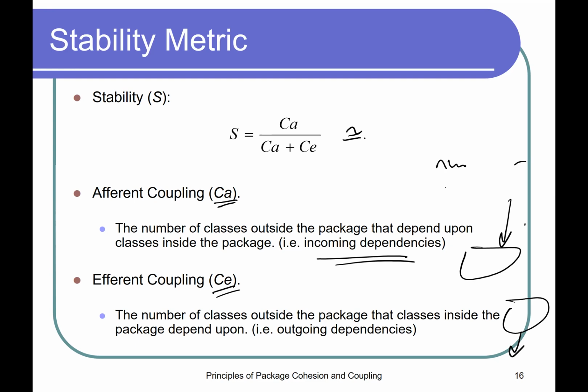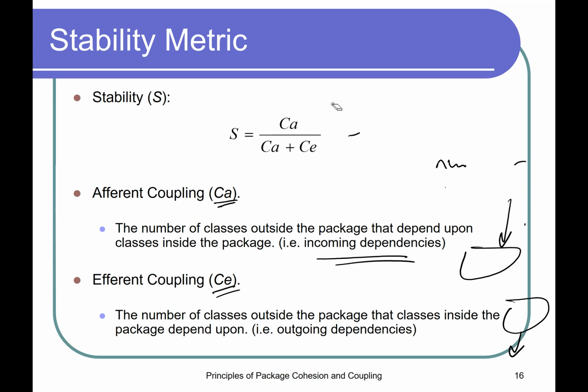Just put numbers. CA is the same number as this one, it can't be 3 different numbers.